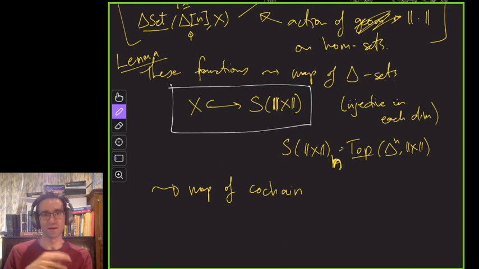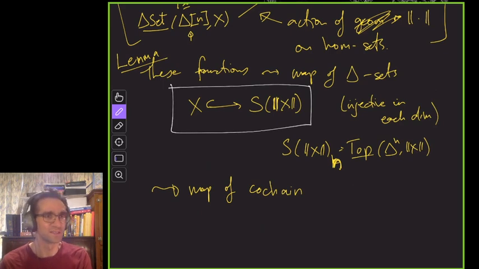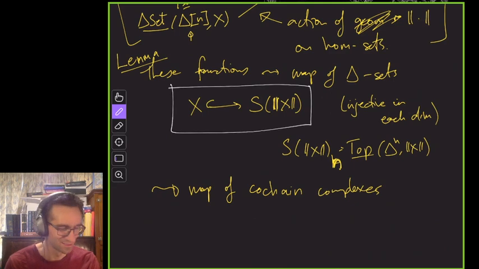So once I say I've got a map of delta sets, then I've got a map of cochain complexes, then I've got a map on cohomology, and these things compound. At every stage, everything is compatible with composition and so on. It's like a massively modular algorithm. If you've seen functional programming, and I know at least one person in the class has, this is the mathematical version, and in fact kind of the theoretical origin of that whole functional programming mindset. You know, map reduce, all that kind of stuff.